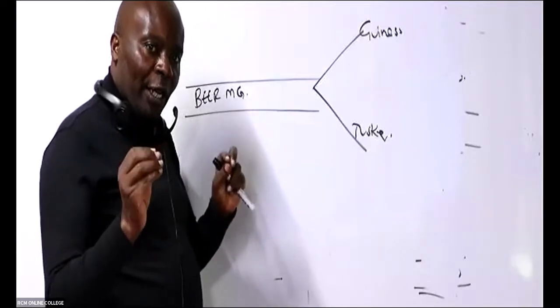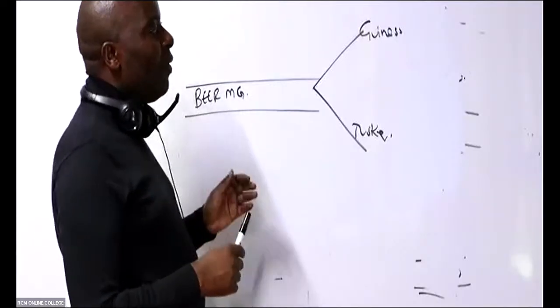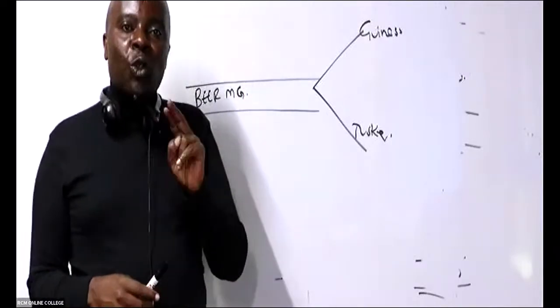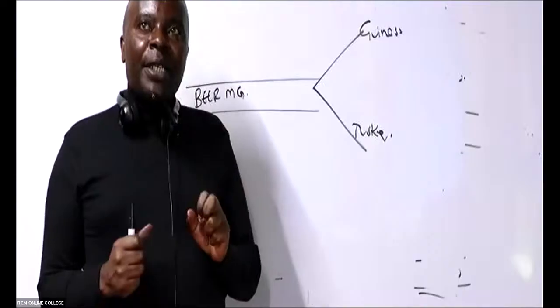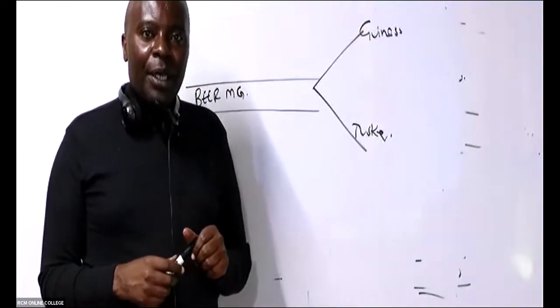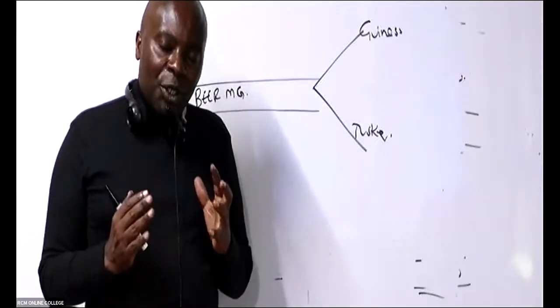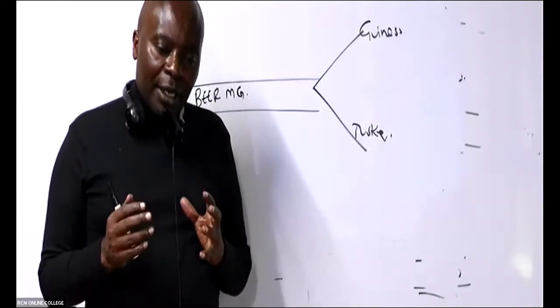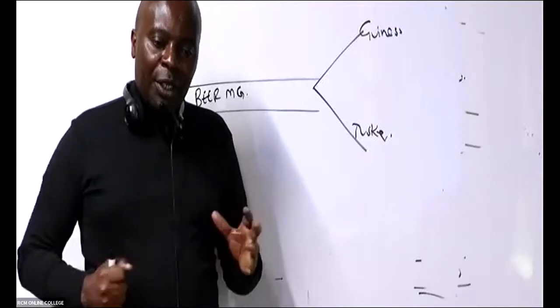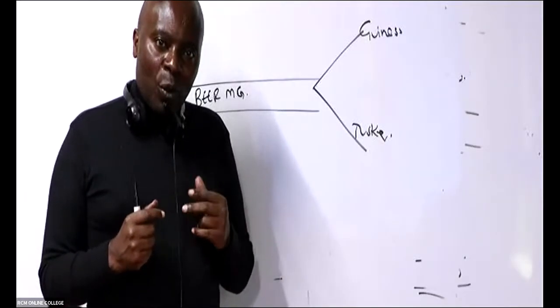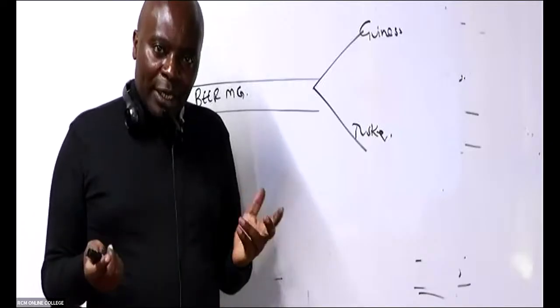But ladies and gentlemen, if, for example, a particular process leads to production of, say, 2 products, in this case you're producing chairs. You're a carpenter. So in the process of producing these chairs, you end up with 2 products. One product will be the chairs you were supposed to produce.